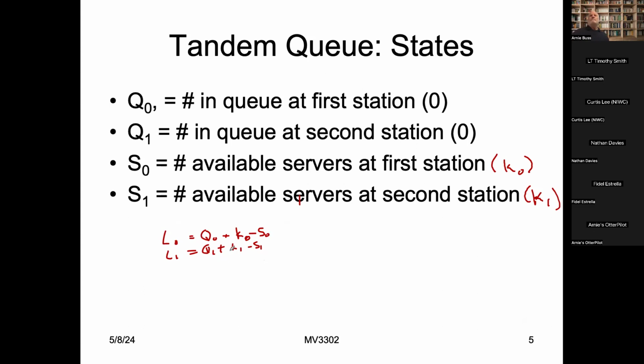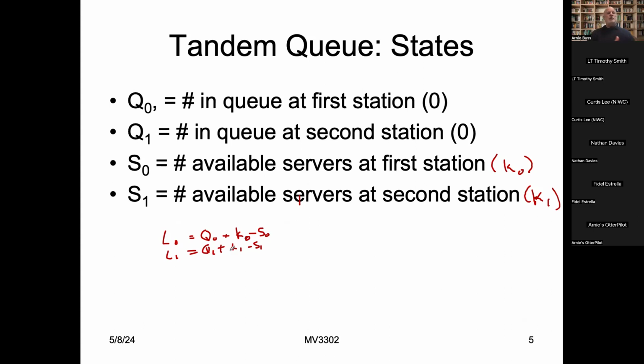Correct. Or if I didn't have L0 and L1, it would be the sum of those things. Yeah, exactly. In other words, for a particular way of modeling the states, there are essential states and derived states.